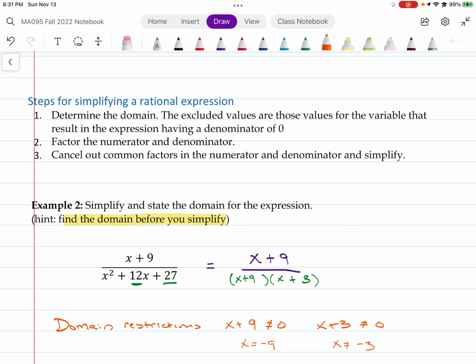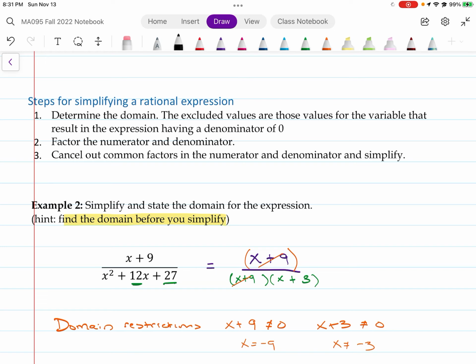And then we are going to simplify this by canceling out any factors that cancel. So remember, this is one big factor right there. You can put parentheses around it if you want, and then see that x plus 9 is going to cancel. You can only cancel things top and bottom if they are factors. That's the only way you can do it.